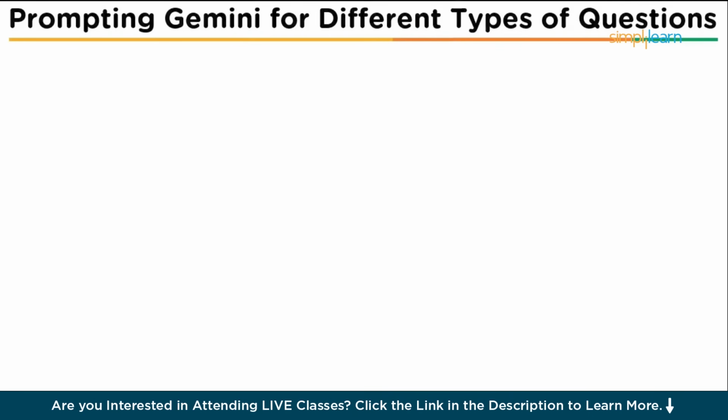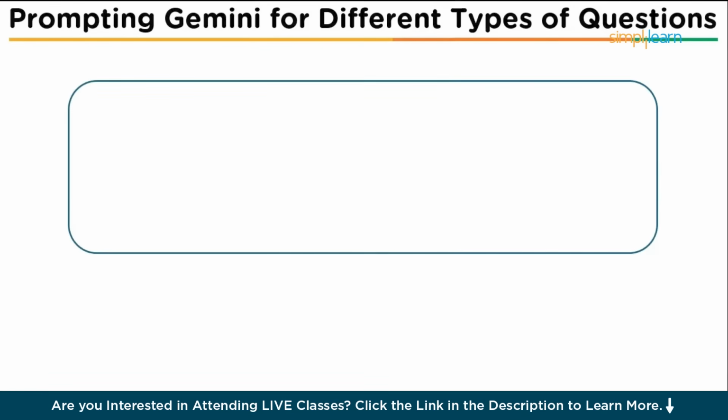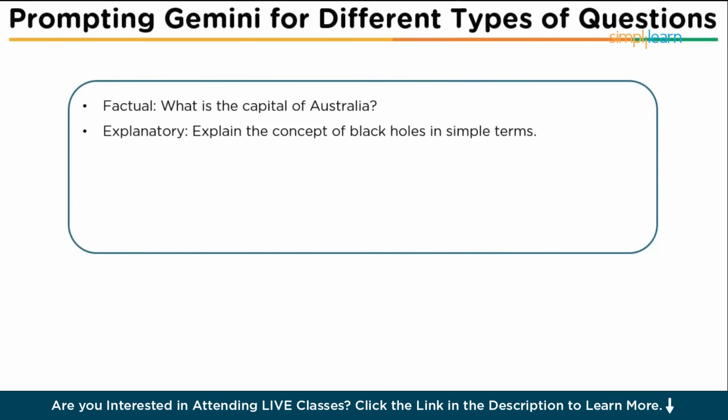Gemini can handle a wide array of question types, and understanding how to frame your prompt for each yields the best results. For factual questions, you ask simply for a direct piece of information, like what is the capital of Australia. When seeking understanding, use explanatory prompts such as explain the concept of black holes in simple terms.